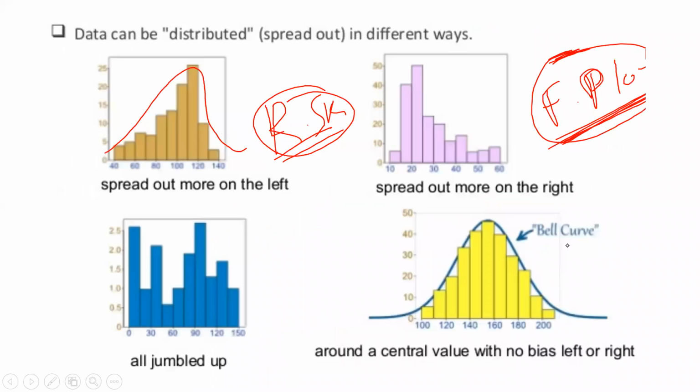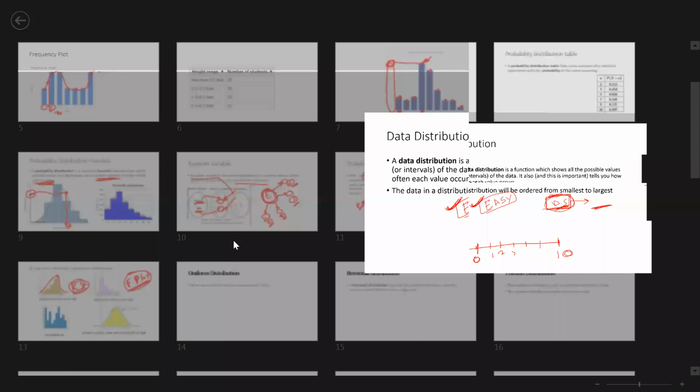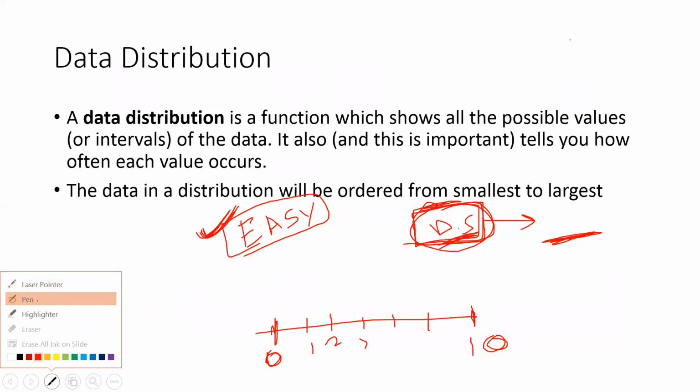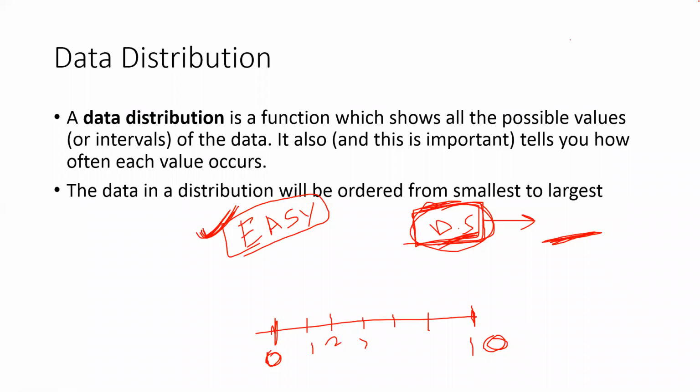That is pretty obvious, because the test is easy, so everybody will be able to score good marks. People will be getting around, we can say, 8 marks. Most of the people will be getting 8 marks.